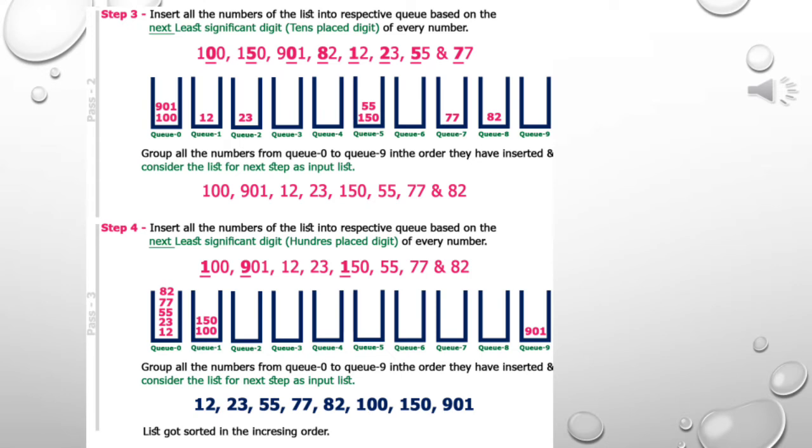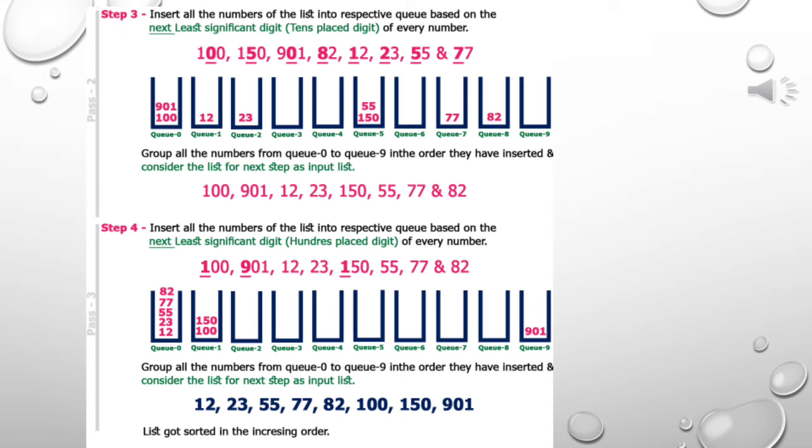Now, we can see we are inserting 901 and 100 in Q0. Here in 901 and in 100 the 0 is in tens place. That's why we put 901 and 100 in Q0 and 12 in Q1. Next 23 in Q2.